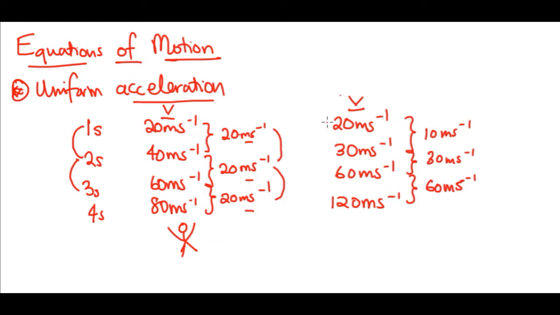But this person, when they changed their time by 1 second, their velocity increased by 10. When we changed the time by 1 second again, their velocity changed by 30. 30 is not equal to 10. You see? So this is not uniform acceleration, and equations of motion will not apply in this case. They will apply very well in this case, because it's uniform acceleration.